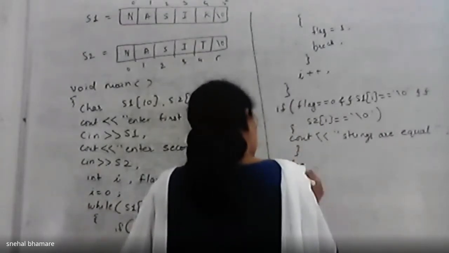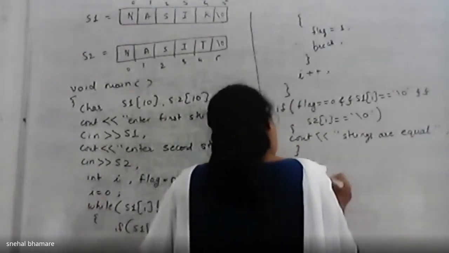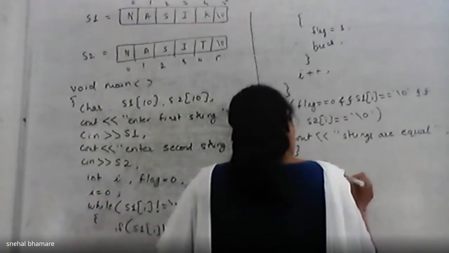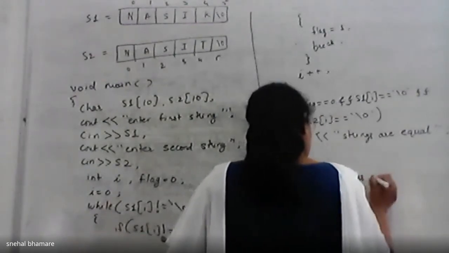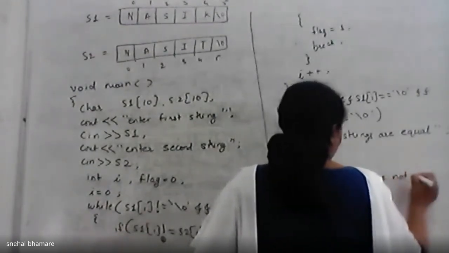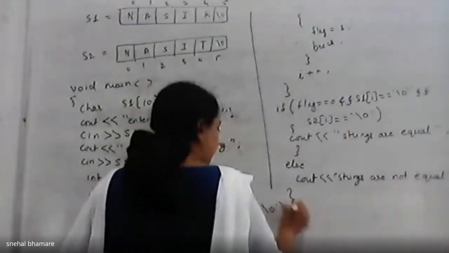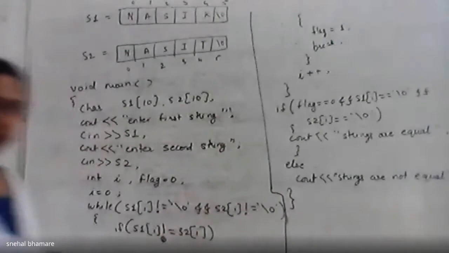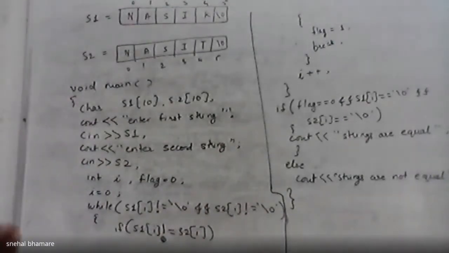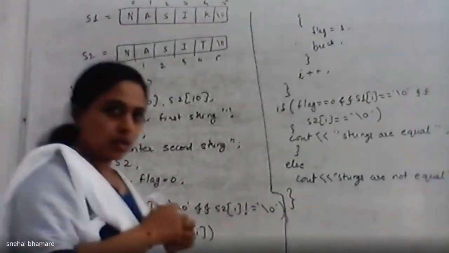Else cout "strings are not equal" and terminate your main program. Okay.